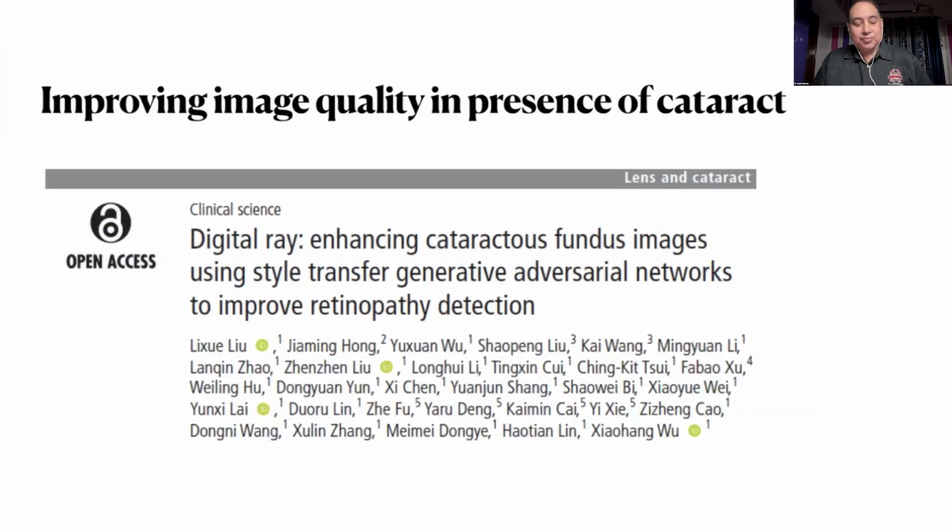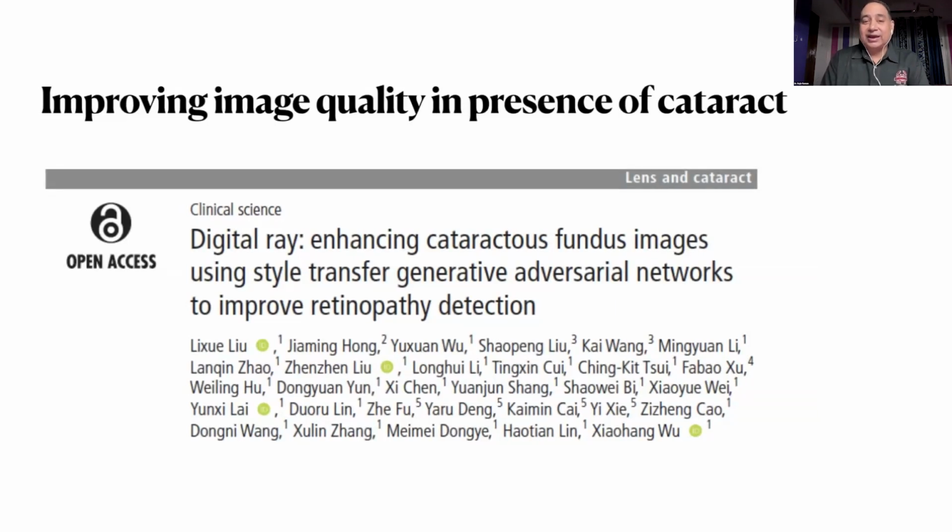The big challenge of the majority of these ultra wide field imaging is the presence of media opacity, the presence of cataract. Digital ray is a concept which is used in radiology, where using generative AI, using generative adversarial networks, we can construct these images so that we can enhance the retinal view in the presence of a cataractous lens.